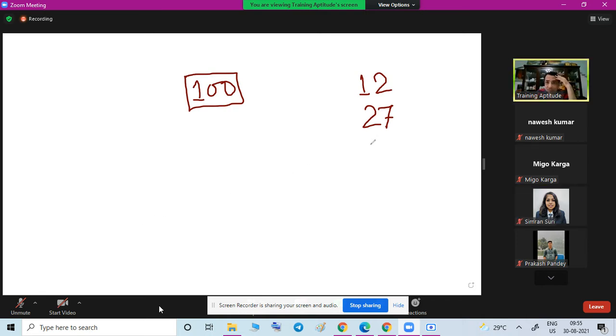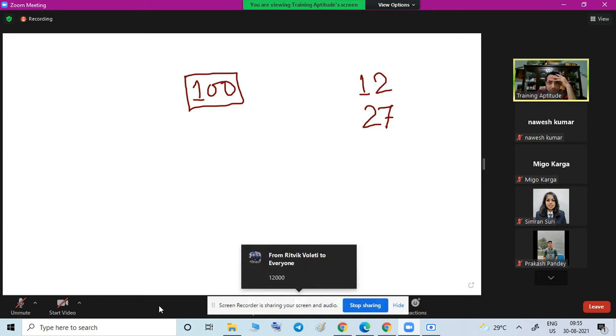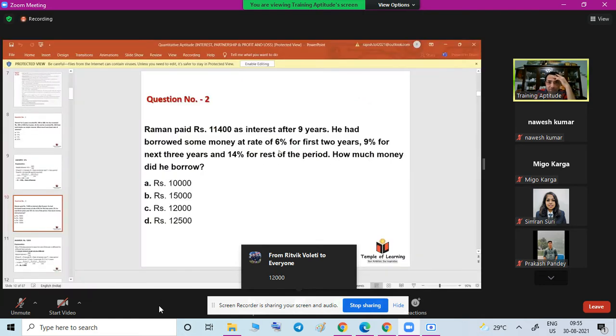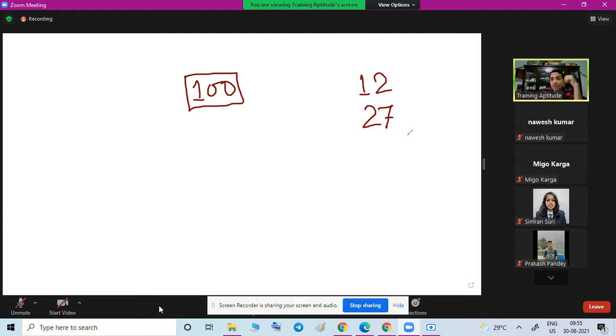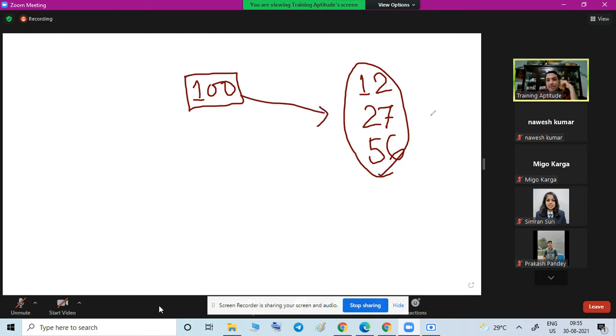Was it 14%? And 9% before? Yeah. 6, 9, and 14. 9 for 3 years, 14 for the rest. Perfect. I just thought I lost. Okay. So 14 fours are 56 rupees I earn. So this total earning, if I assume my principal to be 100, is 95.